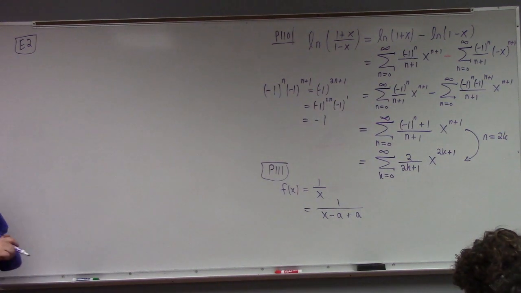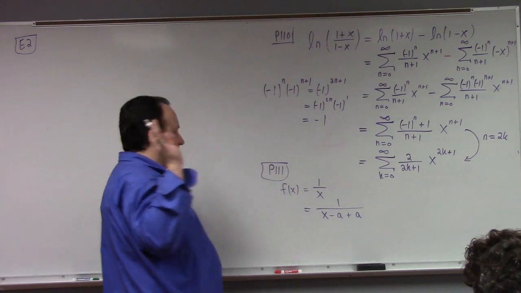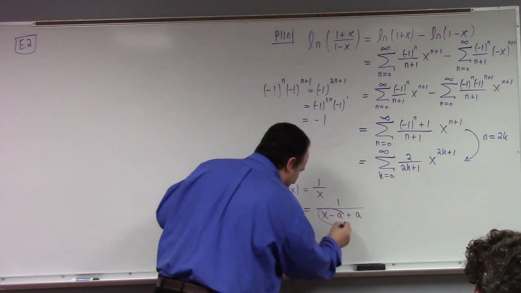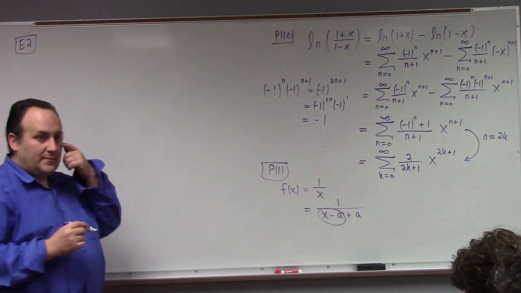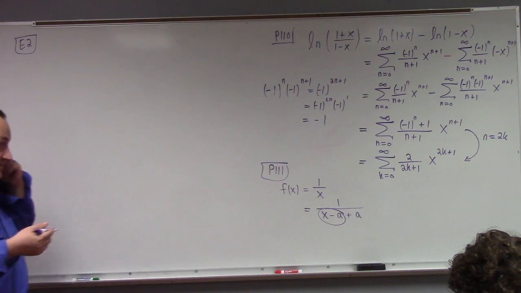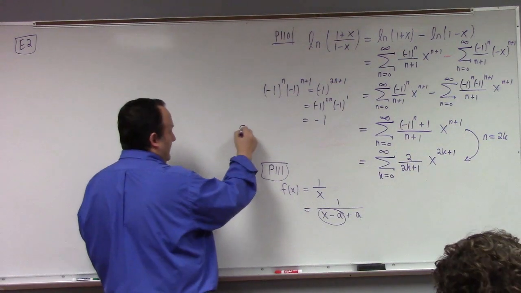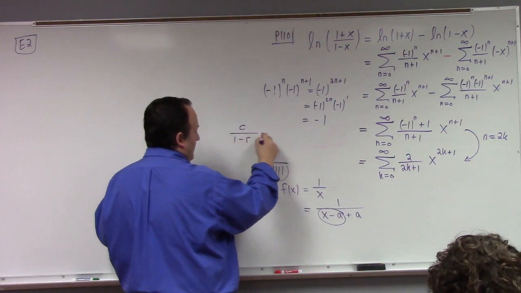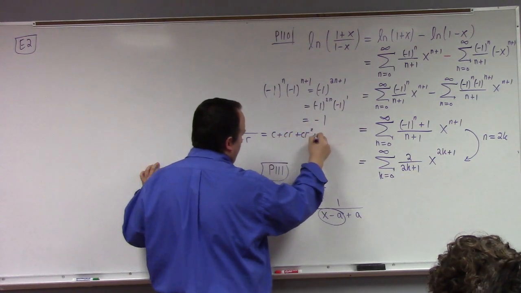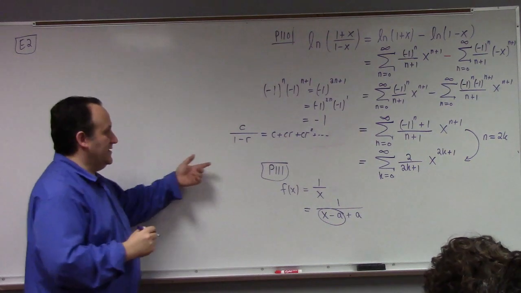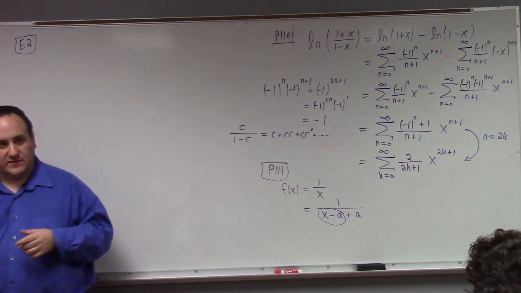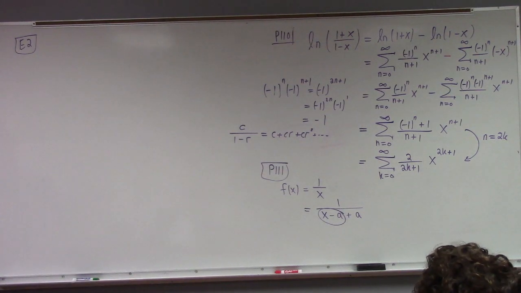What you want to do past that is try to preserve this, right? You want to keep that in some fashion or form, and you also know what the geometric series says. c over 1 minus r is c plus cr plus cr squared, and so on, right? So if you can make this become that pattern, then you can use the geometric series.